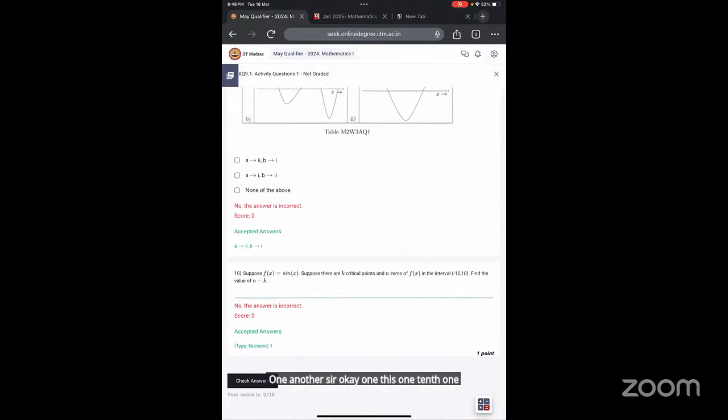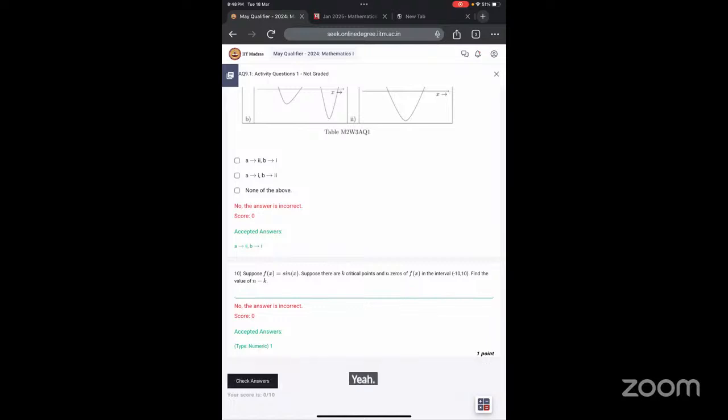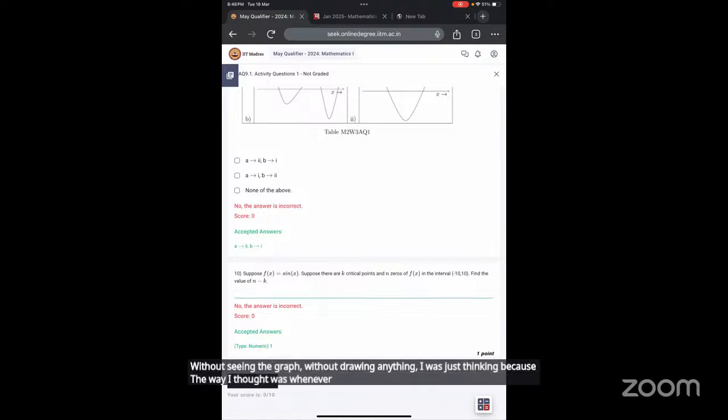So we should know what pi actually is. 3 times pi will be less than 10. We know how the sine curve looks. Initially my answer was 0. Without drawing anything, I was just thinking that whenever there is a decreasing line, you will have one critical point, then it will cross the 0 line, like our sinusoidal curve.